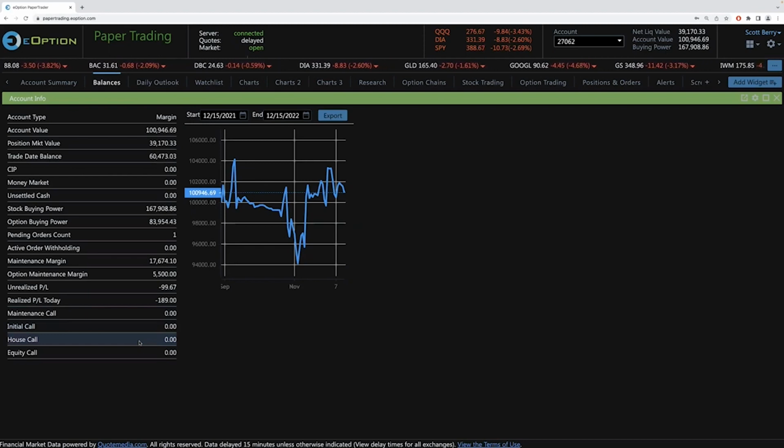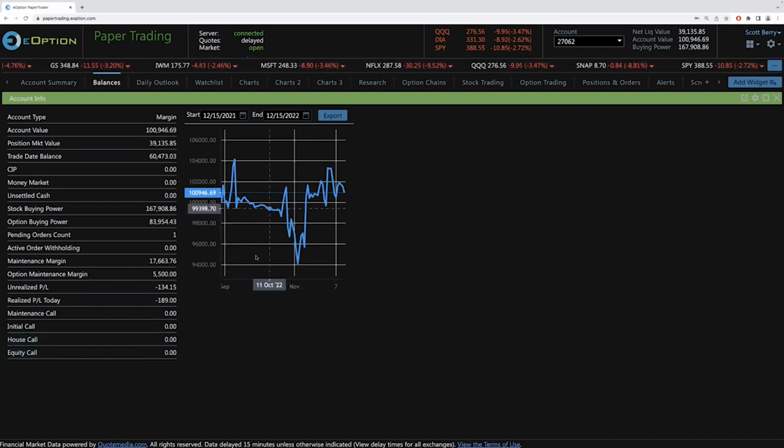The house call is pretty much going to be identical to the maintenance call in most cases, except if you have fallen below the house requirements of naked options, such as fallen below the minimum 25,000 to hold naked puts. The equity call is again, that's going to pop up if your equity has reached a level very similar to the house call.